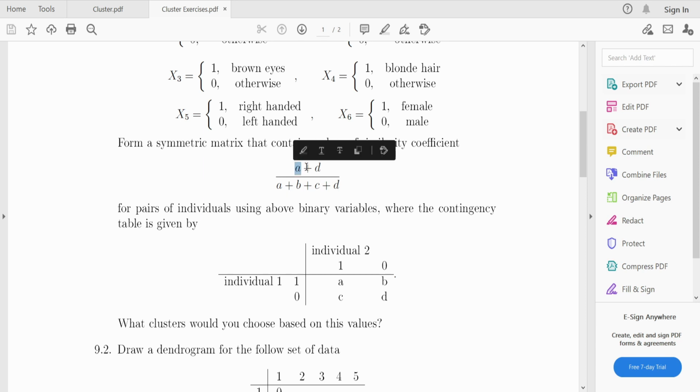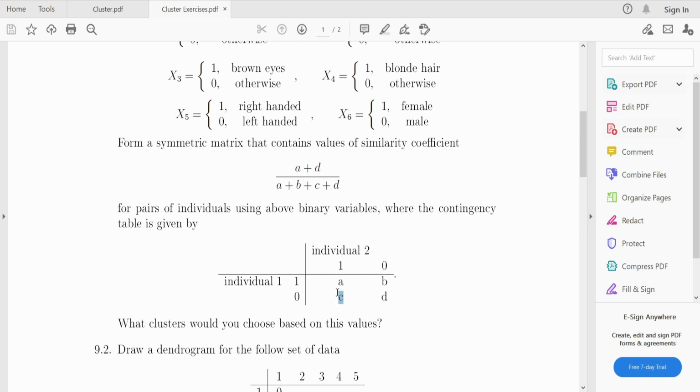And we can see that A and D have equal weights in our similarity, in our clustering. But there are different kinds. For example, if we multiply B plus C by 2, then we will give double weight to unmatched pairs. Why? Because B is 1, 0 and C is 0, 1. So they do not match. For example, 1, 1 they match, and for 0, 0 they again match.